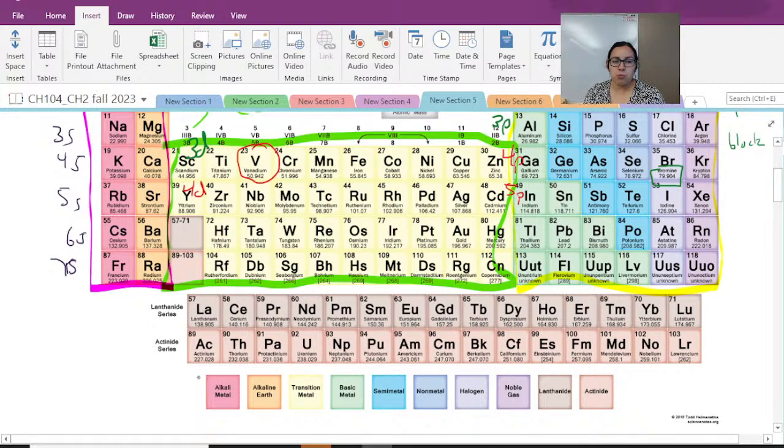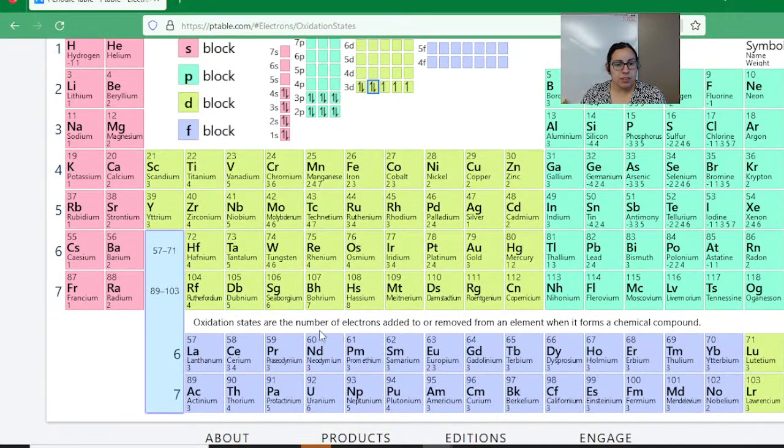It depends where your periodic table has stuck the lanthanides and actinides. Personally, I would put lanthanum here, and lanthanum is going to be your 5d1, and that matches with here.